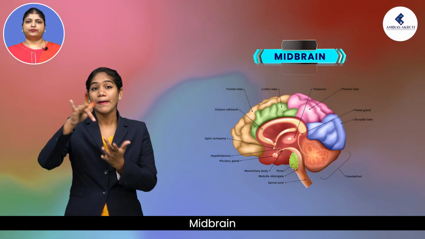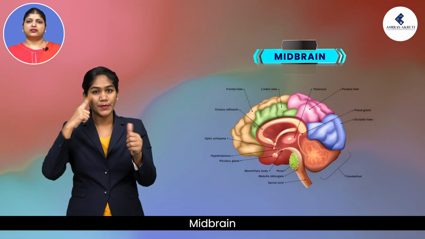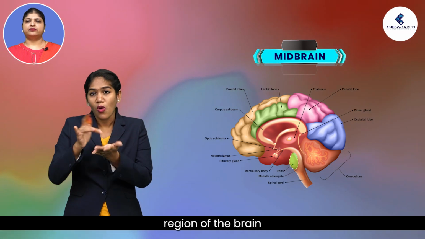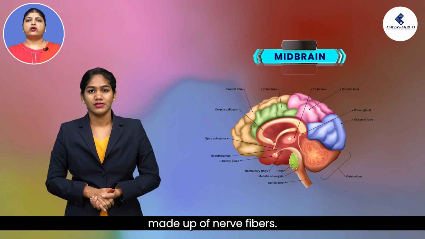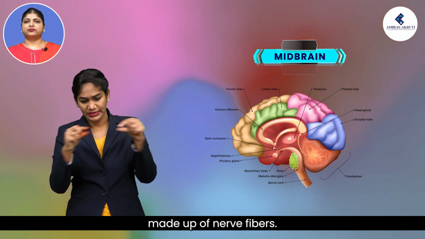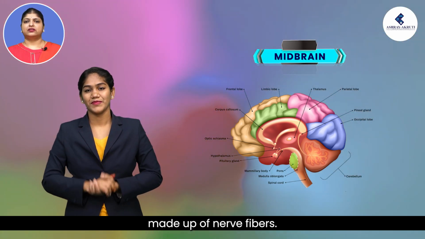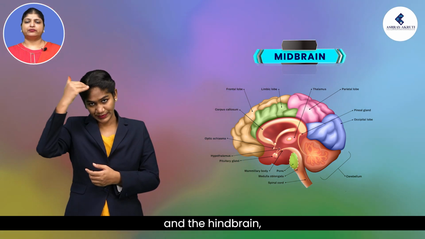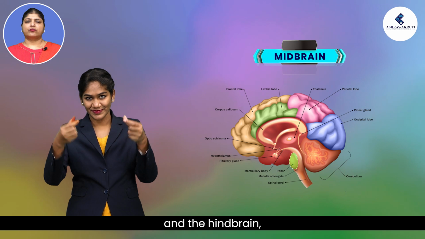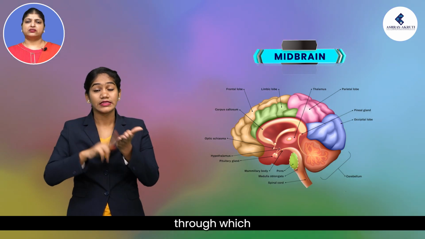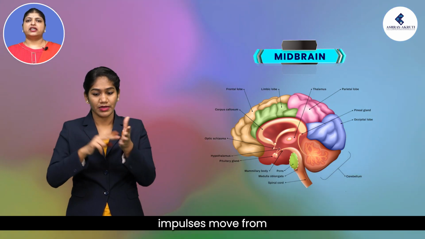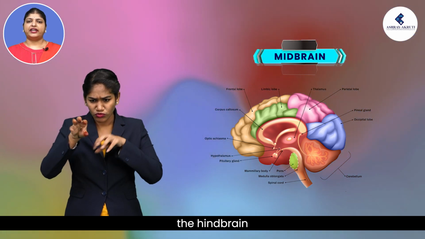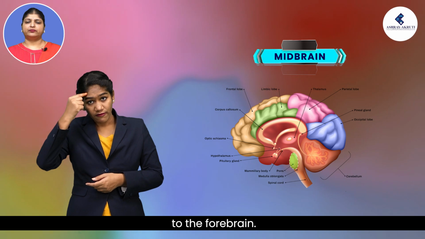Midbrain. It is a small region of the brain made up of nerve fibers. It connects the forebrain and the hindbrain, through which impulses move from the hindbrain to the forebrain.